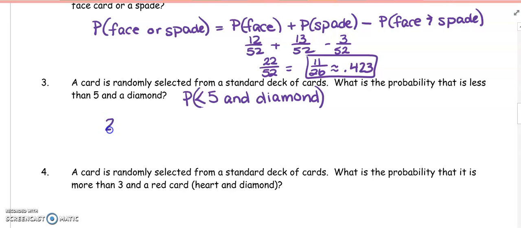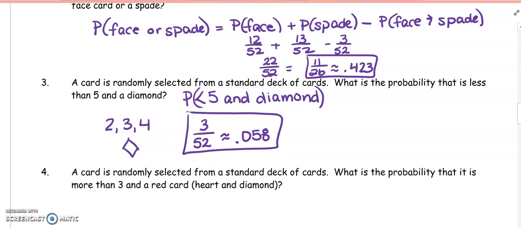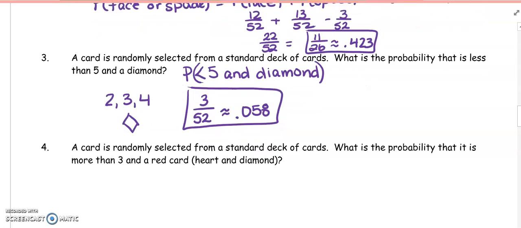To be less than 5, you need a 2, a 3, and a 4. Keep in mind, ace is always high. And we want a diamond. So 2 of diamonds, 3 of diamonds, 4 of diamonds, we just counted them up. That is 3 out of 52 cards, which is 0.058. Okay, no need to write out the formula for that one.